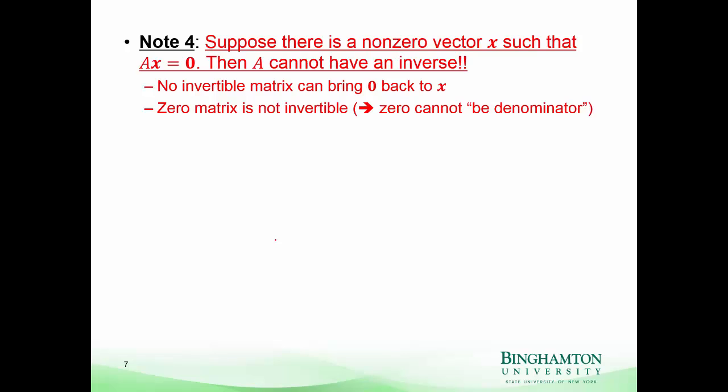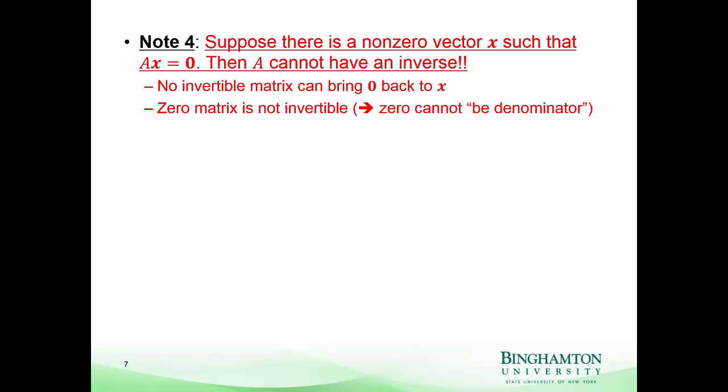So the zero matrix is not invertible. I mean, that's not the only matrix that causes us problems, but certainly all zeros in the matrix A will cause it to be not invertible.